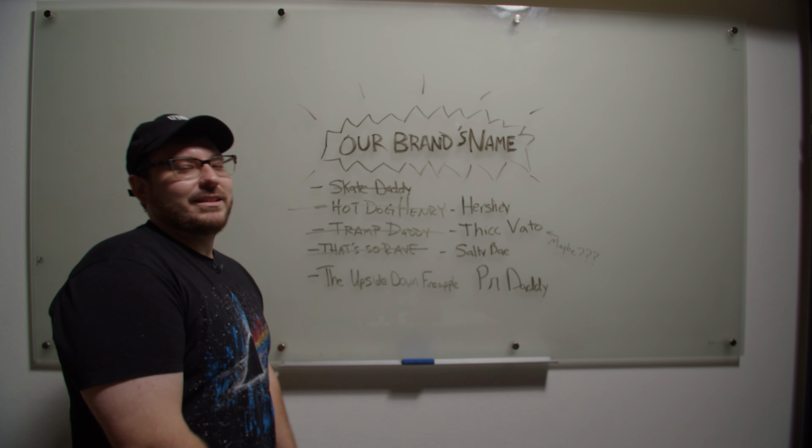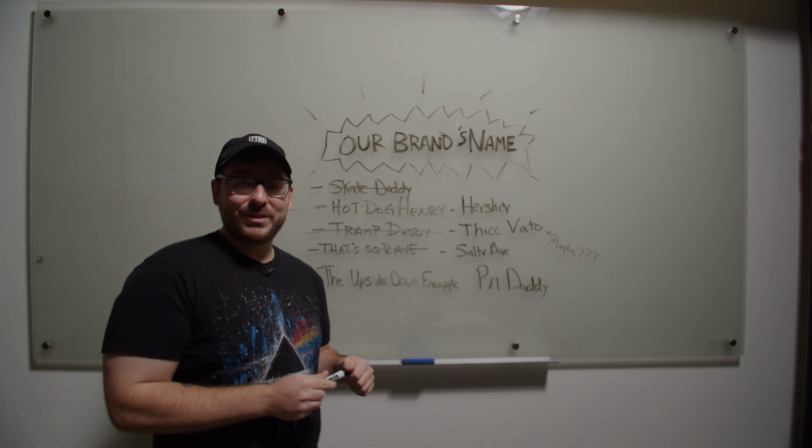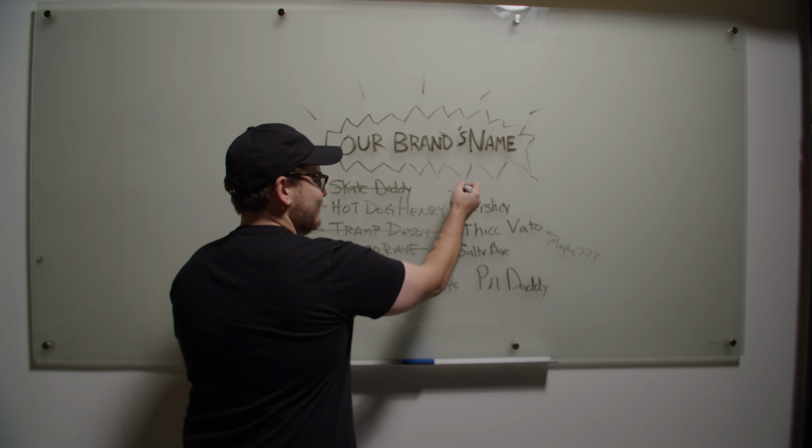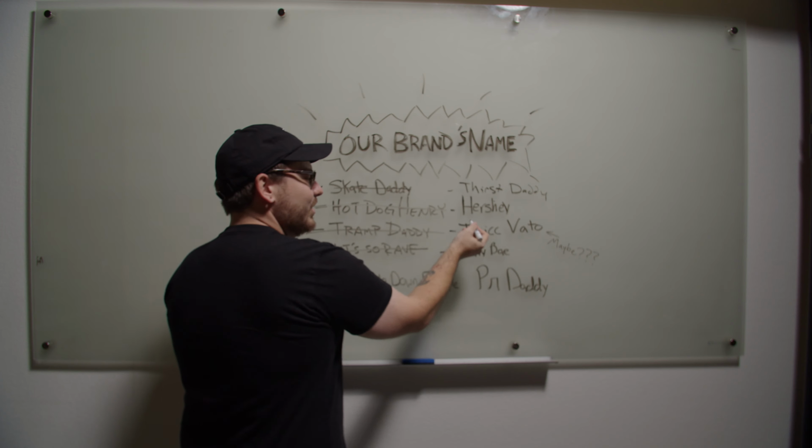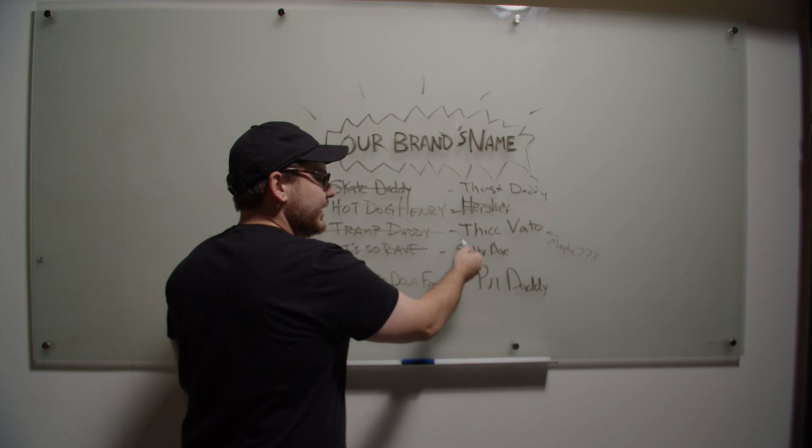Step one is super simple. Well, I mean, maybe not for some of us. Boys, I don't think any of these names are gonna work. Any more suggestions? Thirst Daddy. What does Thirst Daddy have to do with anything? Well, Daddy's trending. We'll put it up there right over Hershey. Her and she, separate. What does this company even do? So far, Diego's given the only good idea with Thick Vato. You don't like Tramp Daddy?